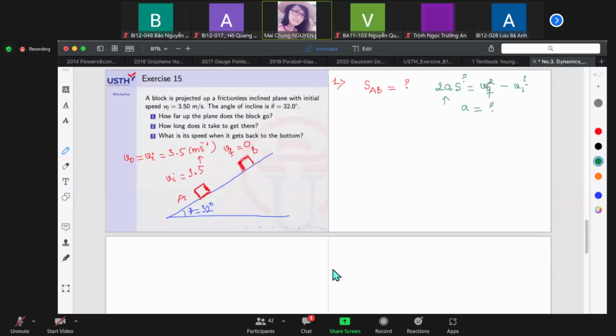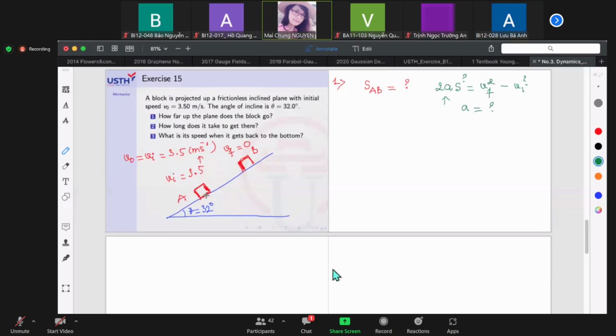So how about acceleration in this case? If the block moves from the bottom to the higher position, how do we compute acceleration? Don't forget, we need to consider the forces acting on the object, right?